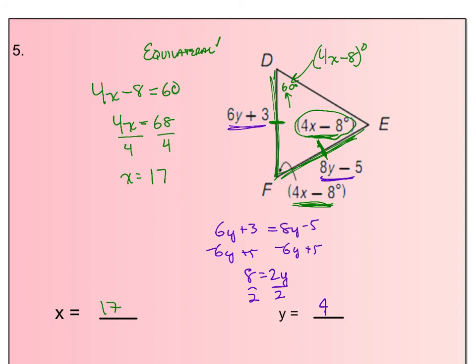Okay, the big piece was being able to justify or conclude that these 2 are equal, that's fine, but this angle and this angle are also going to be equal. So that makes all three the same, and the only way that happens is if it's an equilateral triangle.